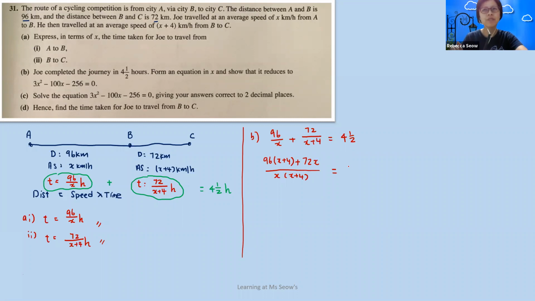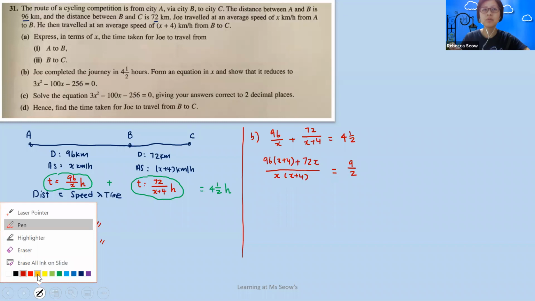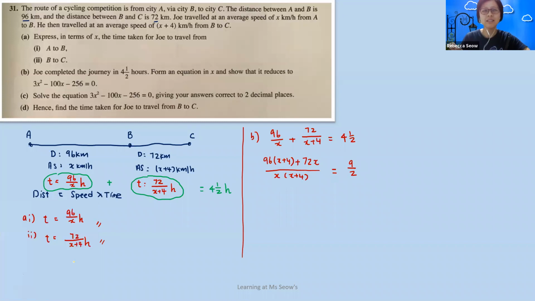Now I would like to change 4.5 here into an improper fraction instead of a mixed number. Okay, so that would actually help us to move on to eliminating the fraction by cross multiplication. So that is my intention later.